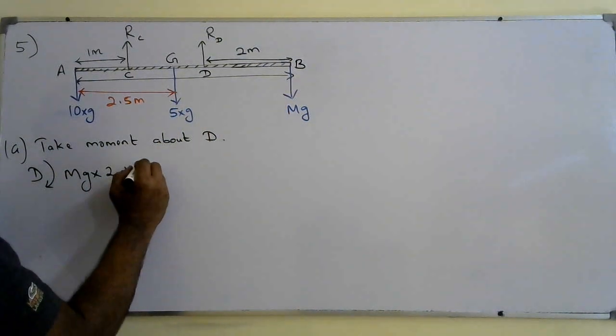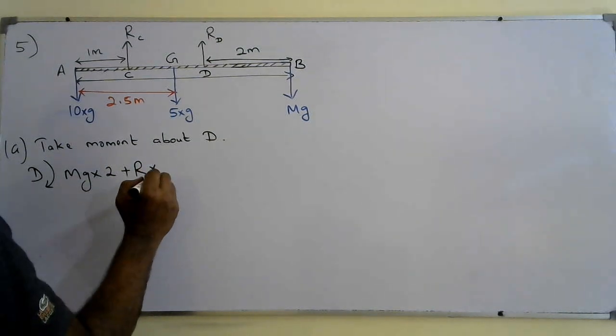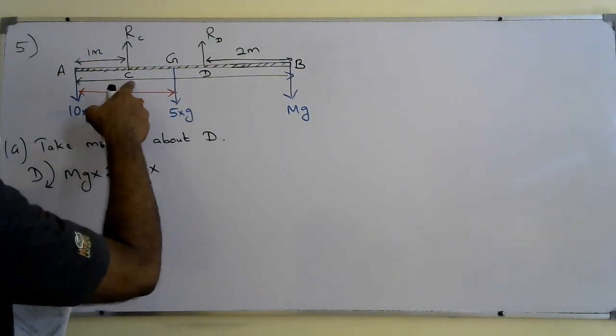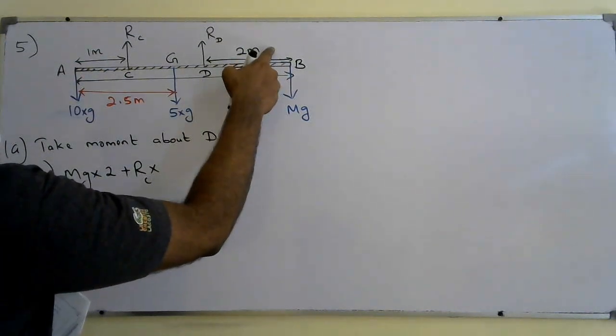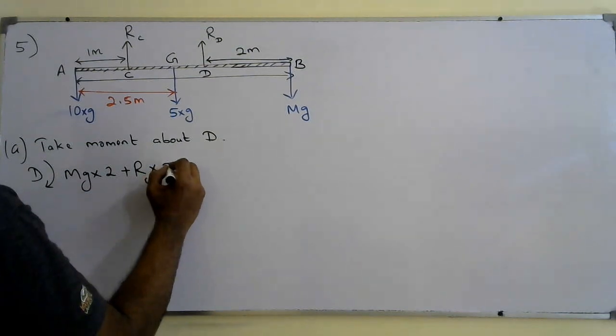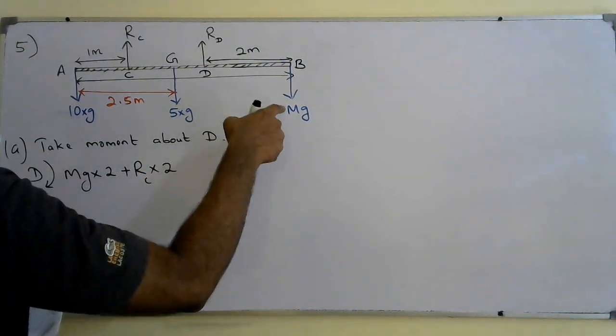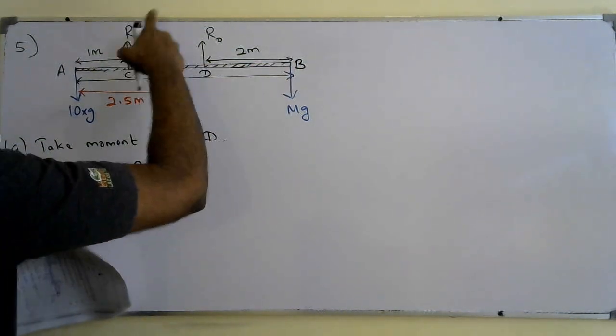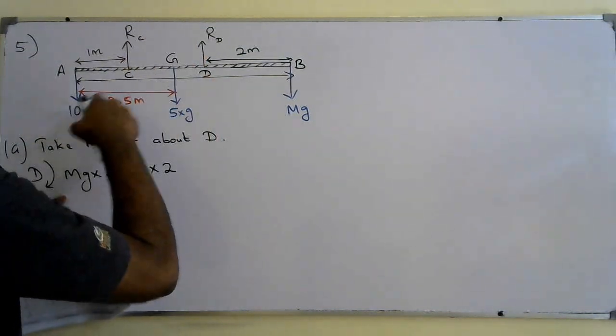So plus RC into the distance from D to C. That is how much? This is 5, this is 2, this is 1, so from D to C, that's going to be 5 minus 3, that is 2. So this is clockwise, this also clockwise, and this will provide anti-clockwise.